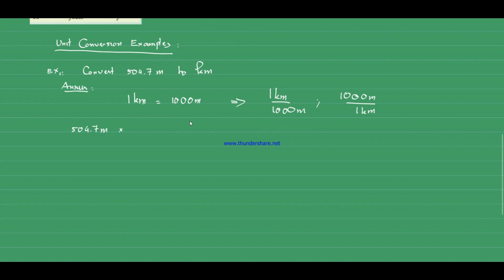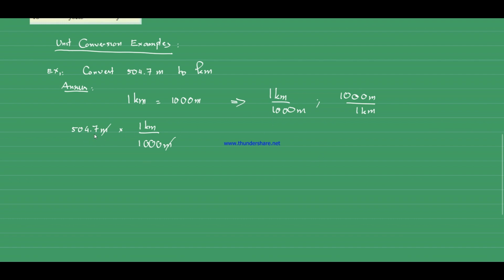So I must use this one because I want to keep kilometer. So the meter must be cancelled, and when the meter cancels, it must be at the bottom. You see that? I cannot use the other one, because if I use it, I cannot cancel the meter. So I'm going to use the first conversion factor.